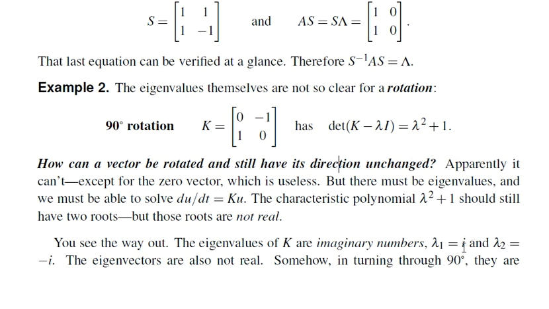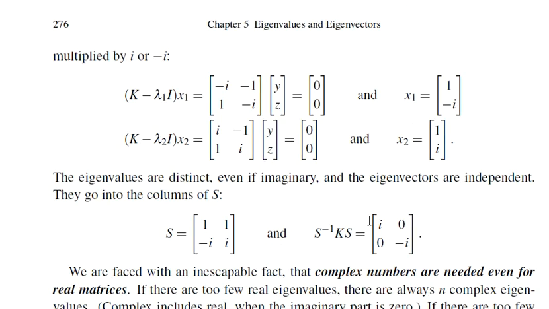So let's say lambda 1 is plus i, lambda 2 is minus i. As the eigenvalues are imaginary, the eigenvectors too will be imaginary. Let's see what it would be. So when we write A minus lambda I x1, it would be as follows.